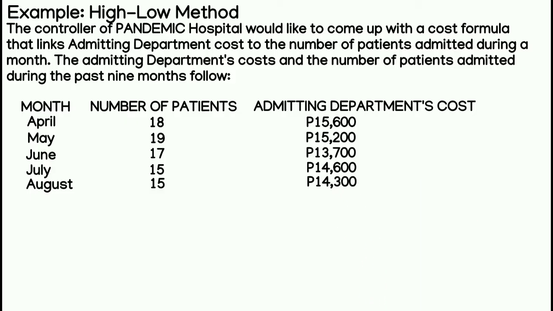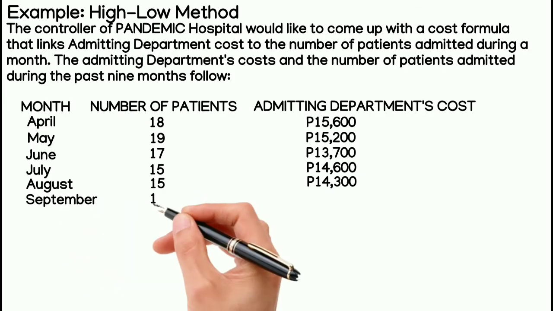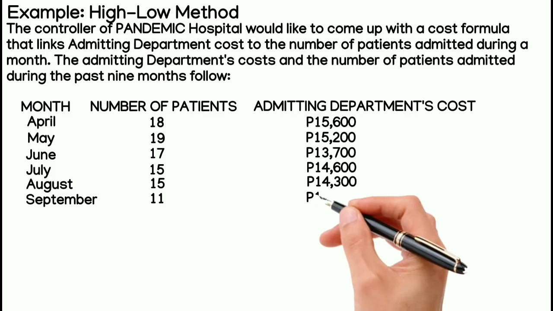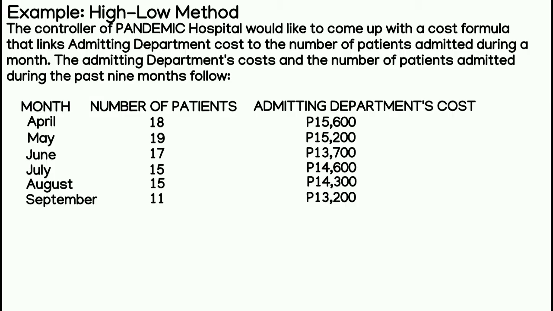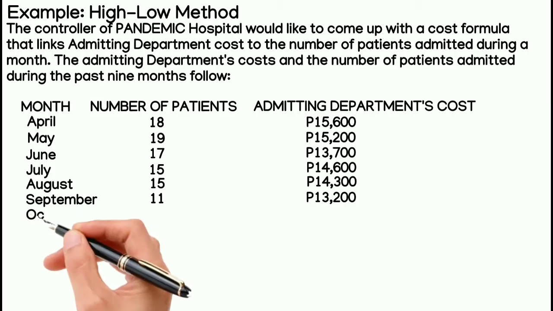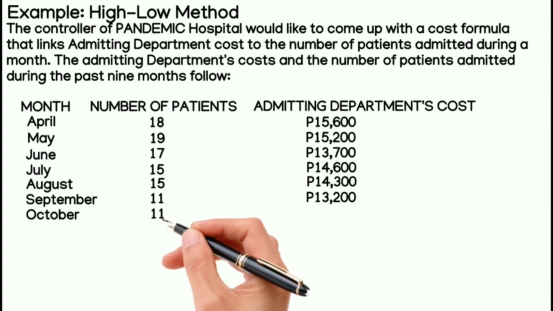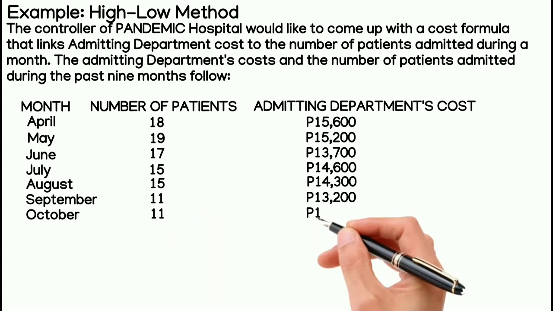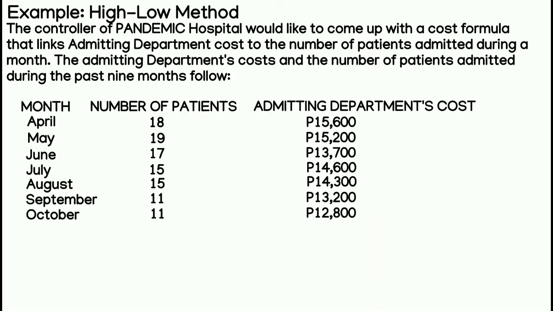For the month of September, the number of patients is 11 and the admitting department's cost is 13,200 pesos. For the month of October, the number of patients is 11 and the admitting department's cost is 12,800 pesos.